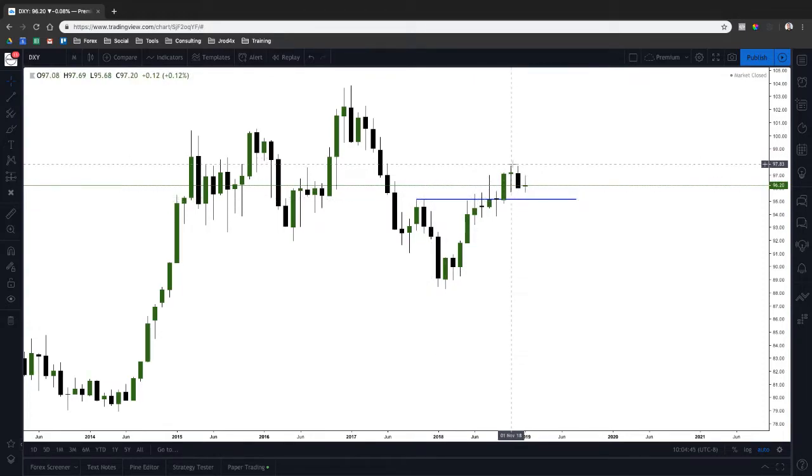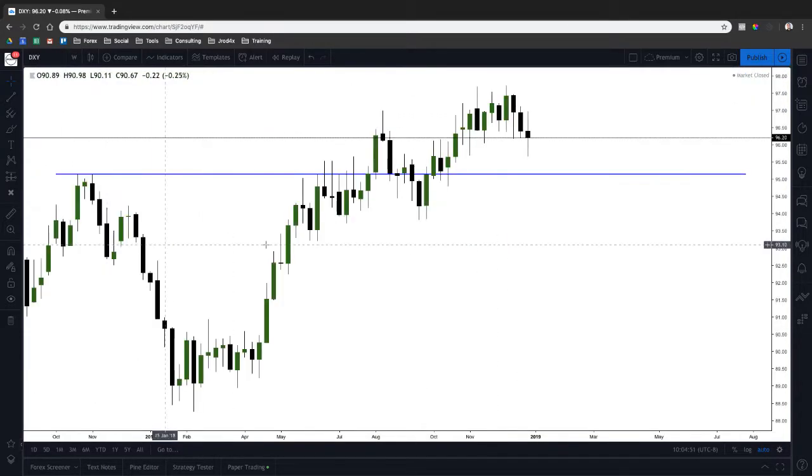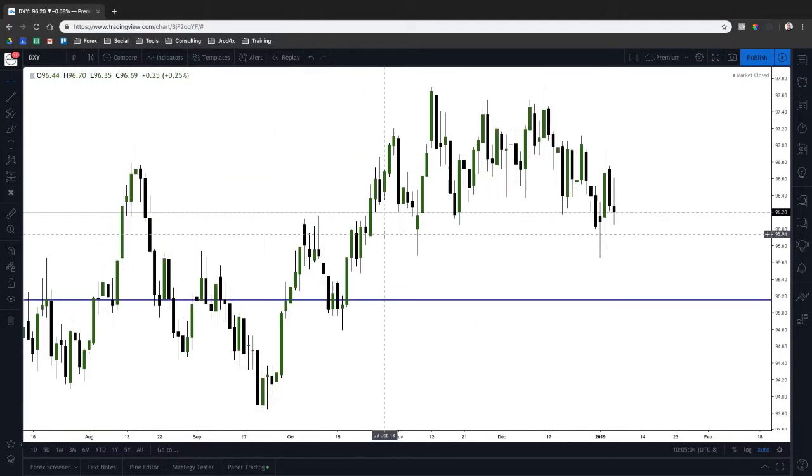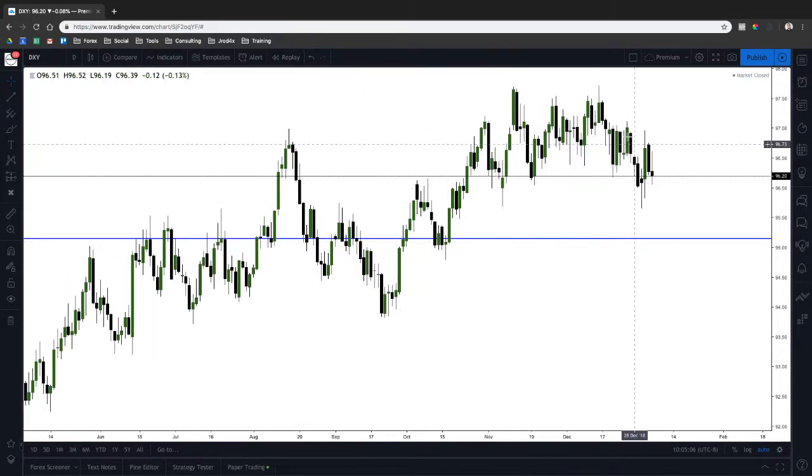And we already know that we have this 97.70 up here, which we'll get to on the daily chart. So let's drop down to a weekly perspective. There's really nothing that I want to mark up on the weekly either. Okay, looking at the daily, you guys can see that we're still in that consolidation.